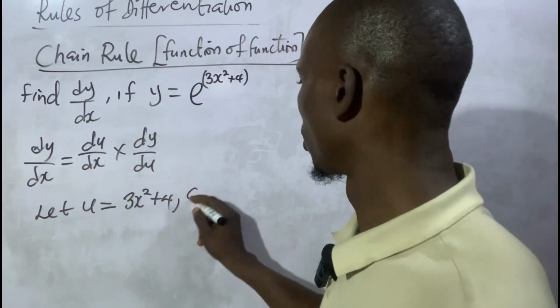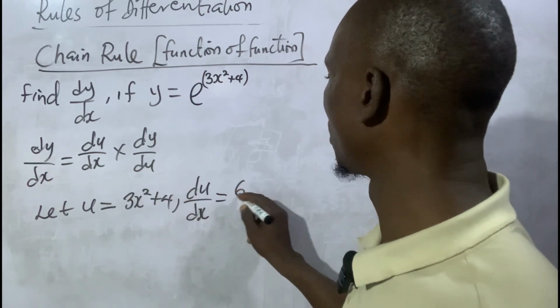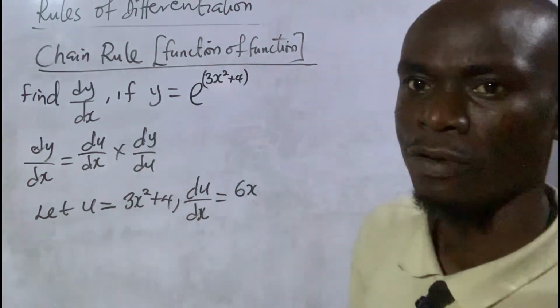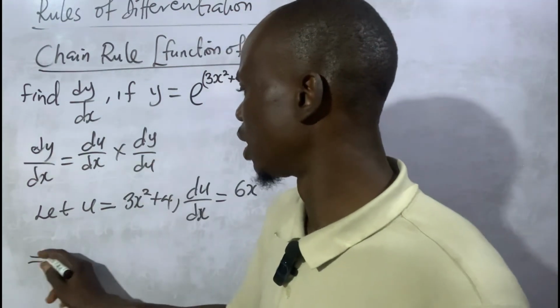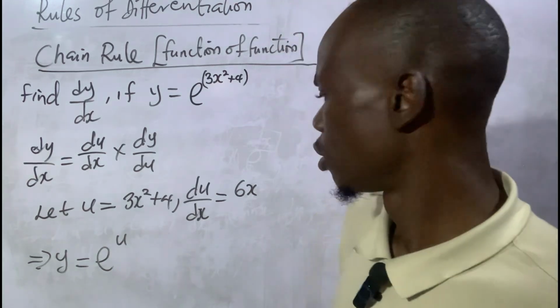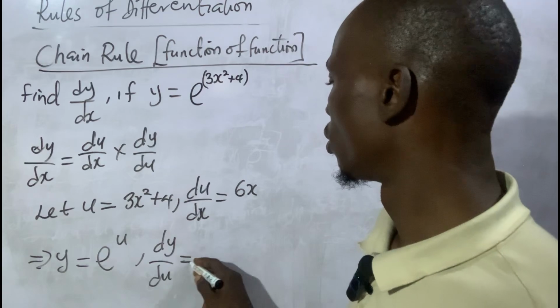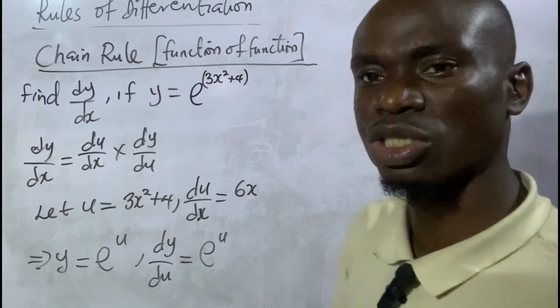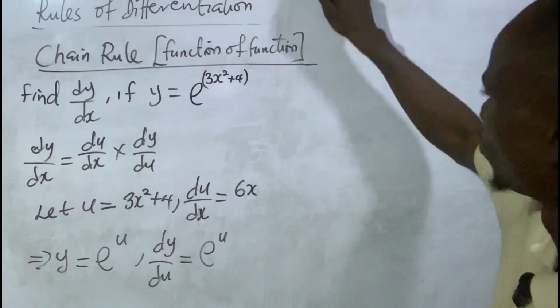Differentiate your chain. You have du dx, which is 6x. The 4 is 0, you let it go. Then this implies that our y is now exponential u. If we differentiate y with respect to u, it remains the same. Remember, exponential x is exponential x, so exponential u will be exponential u from our table.